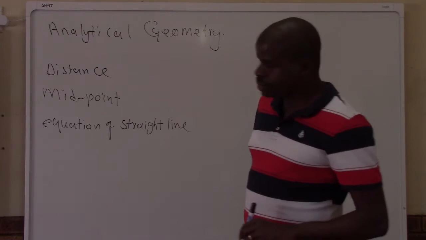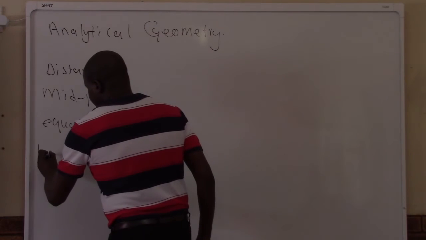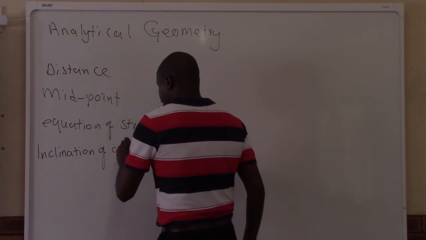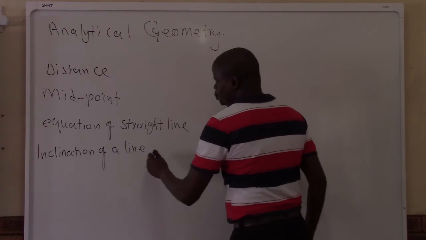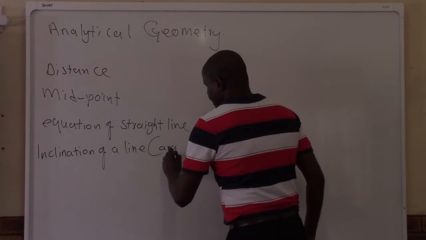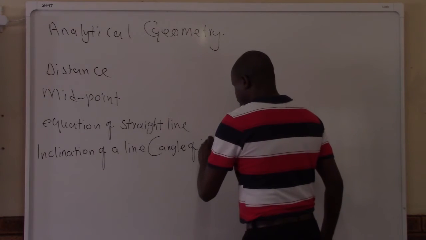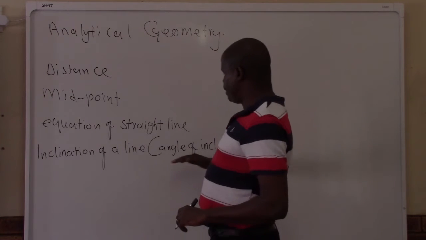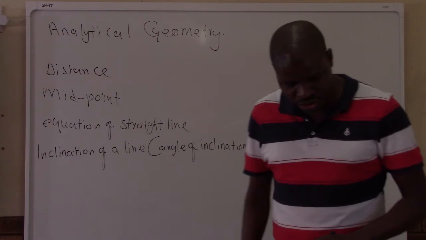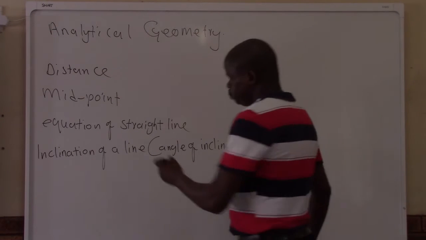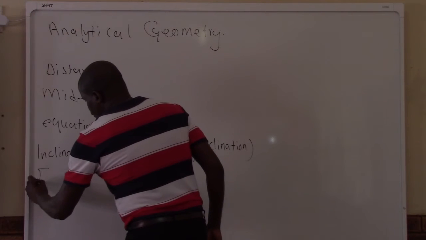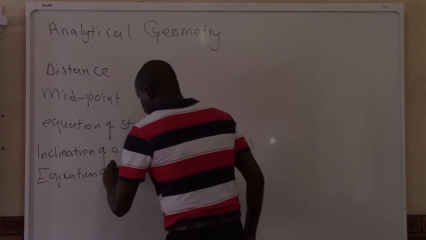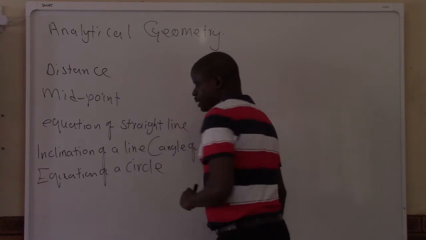We are also going to take a look at the inclination of a line, which will also give us the angle of inclination. Maybe in another lesson, we will look at the equation of a circle.